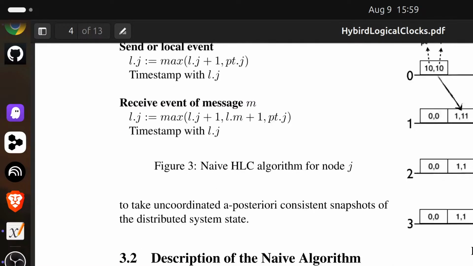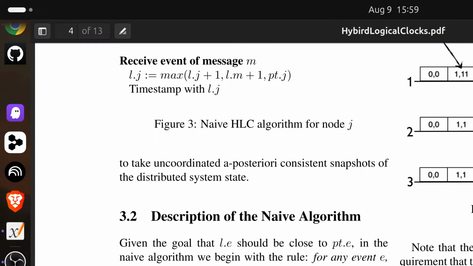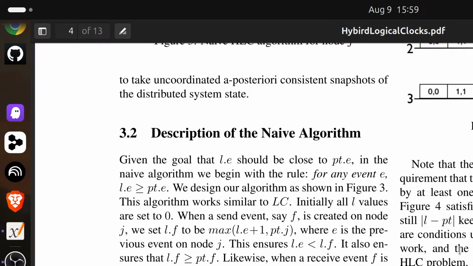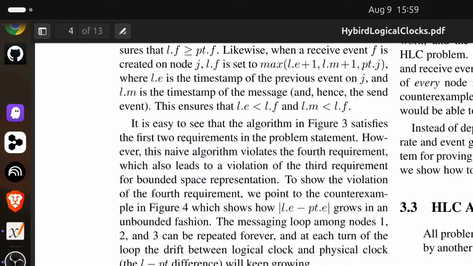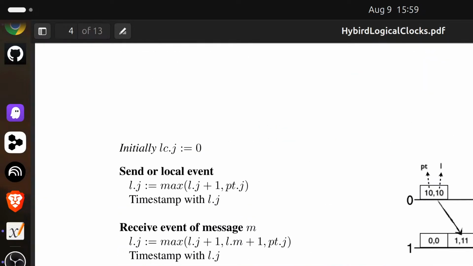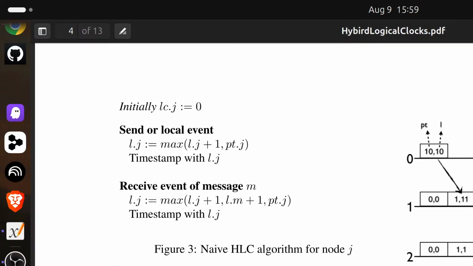Right, and then we have this. So this is a counter example. So 0, 1, 2, 3, these are, I think, 4 nodes. Physical time, logical time: 10, 10 here.